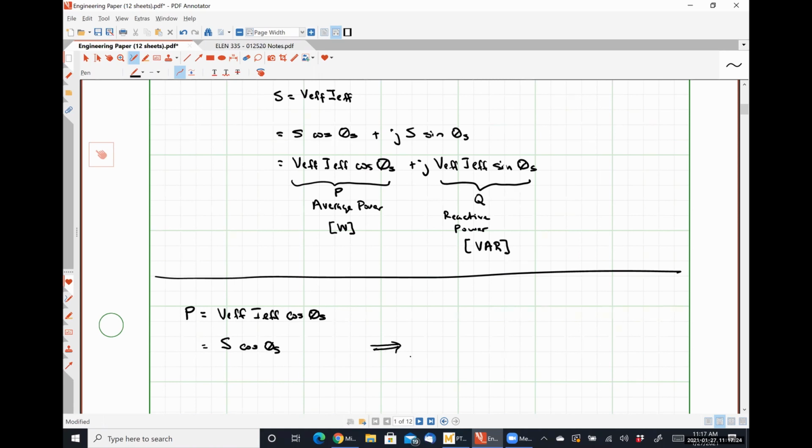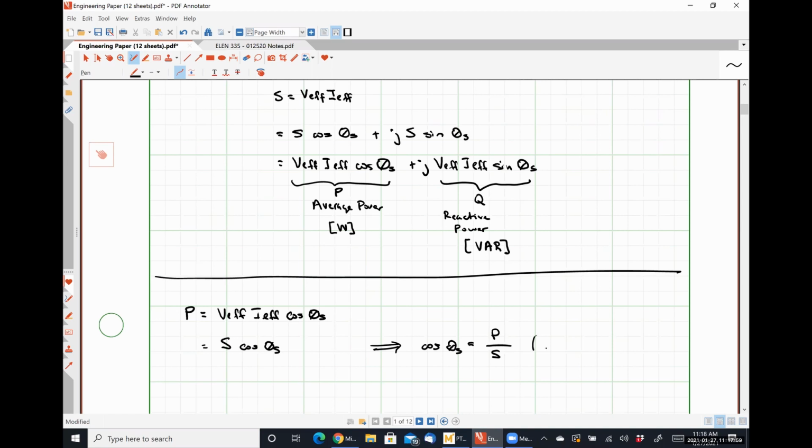From this, we can see that the cosine of theta s is simply the ratio between the average power and the apparent power. So this cosine theta s is really a measure of efficiency in this system, right? The average power represents what portion of the apparent power is capable of doing mechanical work, all right?